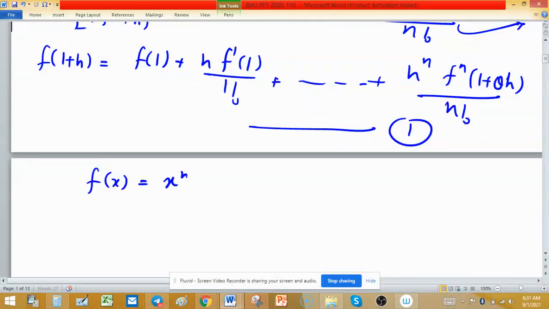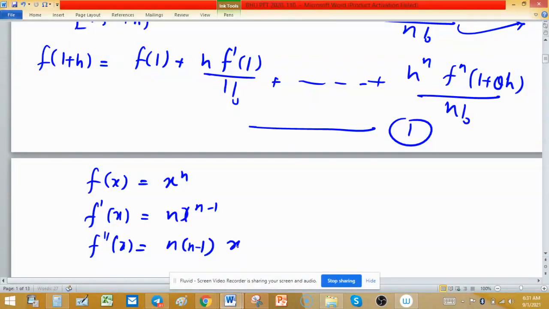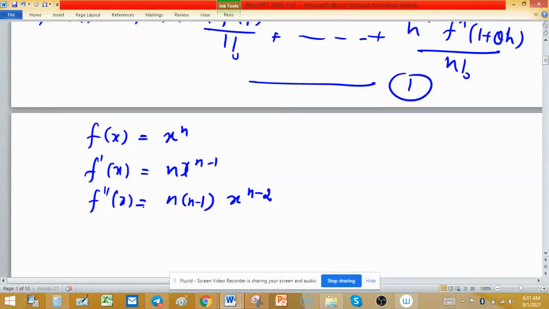As f(x) = x^n is given, f'(x) will be n x^(n-1), f''(x) will be n(n-1) x^(n-2), and doing derivatives like this, the nth derivative will be n(n-1) and so on up to 1, times x raised to the power n minus n, which is x^0, again 1.